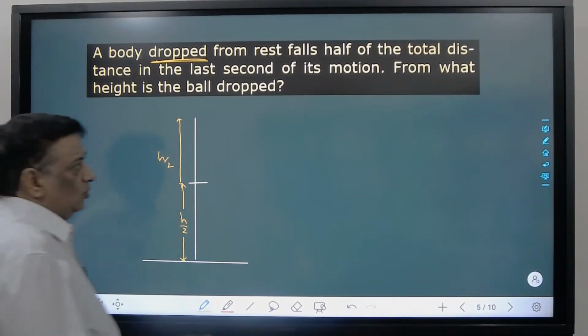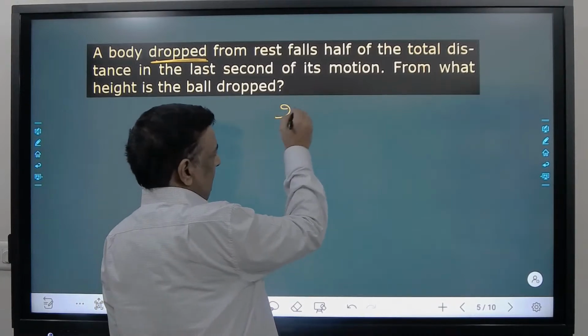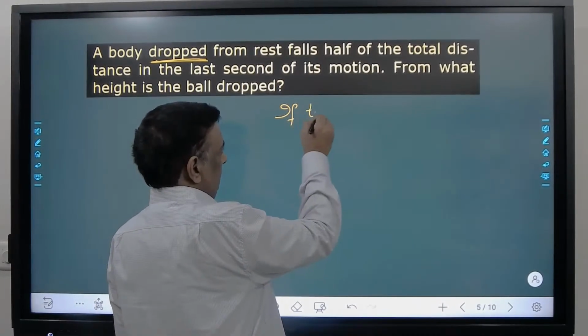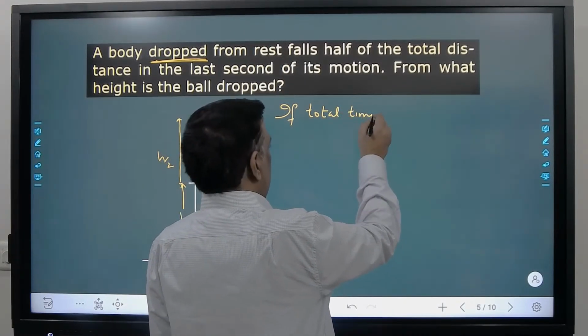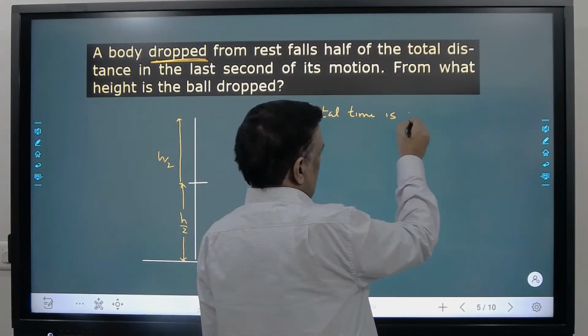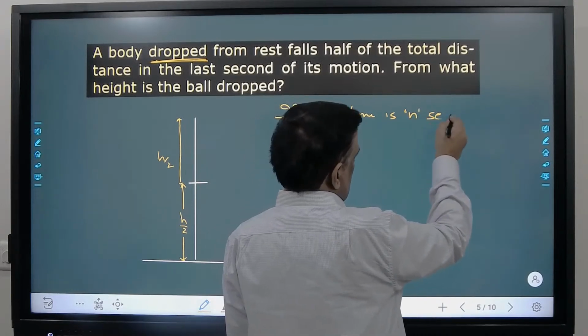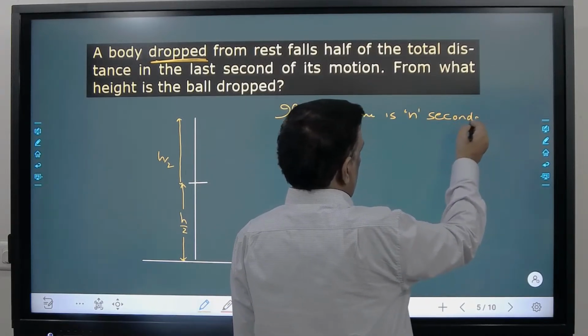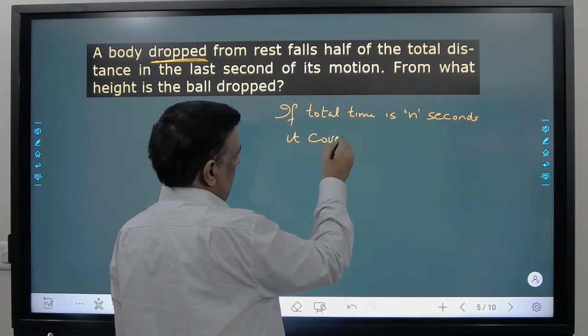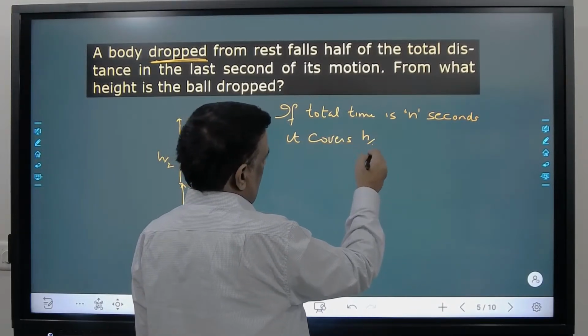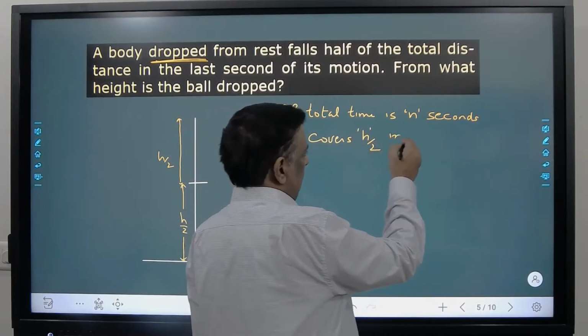So if we take the total time as n seconds, it covers H by 2.